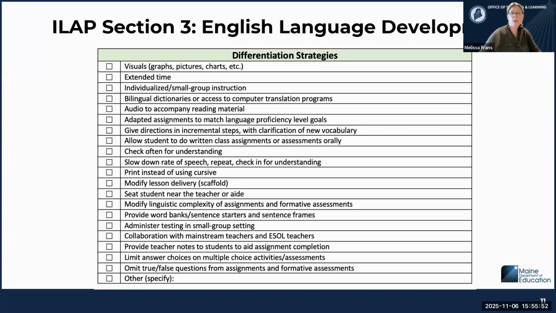And how is the team documenting and assigning them before testing, so that students are utilizing them daily in their learning and can access them on assessments? So ideally, we're not checking all the boxes. We're really thinking about the few that are going to be essential for that student to be able to fully access their learning.